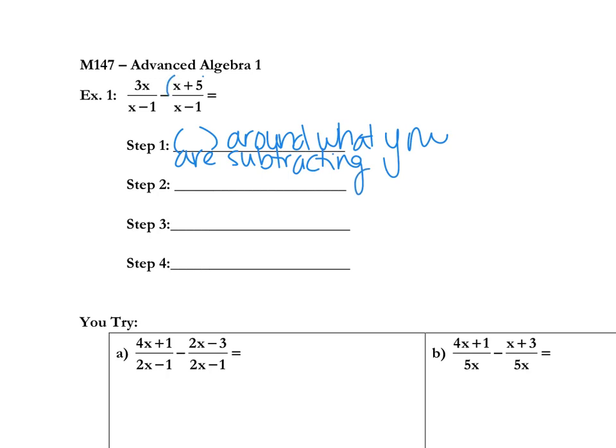So I'm going to go ahead and put parentheses around the x plus 5. And we've done something similar to this before. Okay. Then step 2 is going to be the same thing we did on the previous page, just in different order now. So ask common denominator.